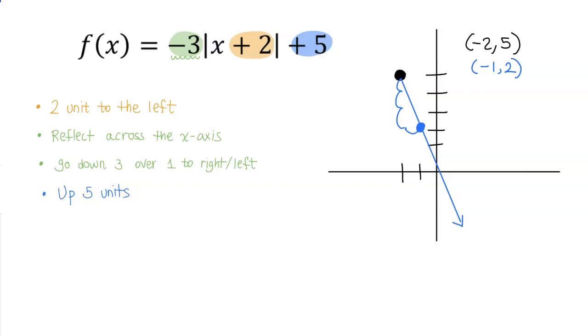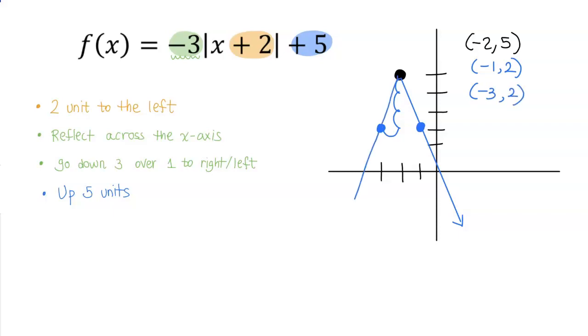That's one part of the graph, but I need to sketch something similar on the other side, because absolute value functions are symmetrical. So I will go down 3, 1, 2, 3, but I will go 1 to the left. And that point will have an ordered pair of -3, 2.